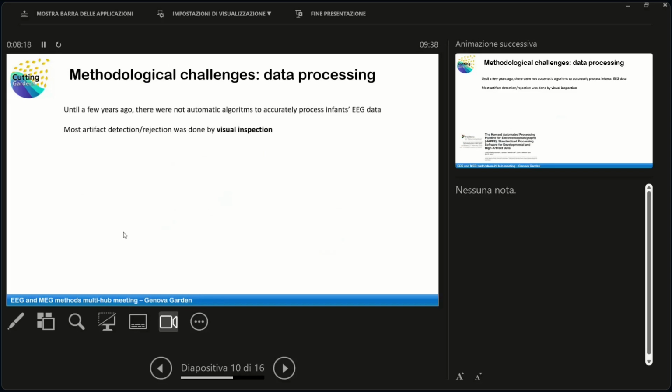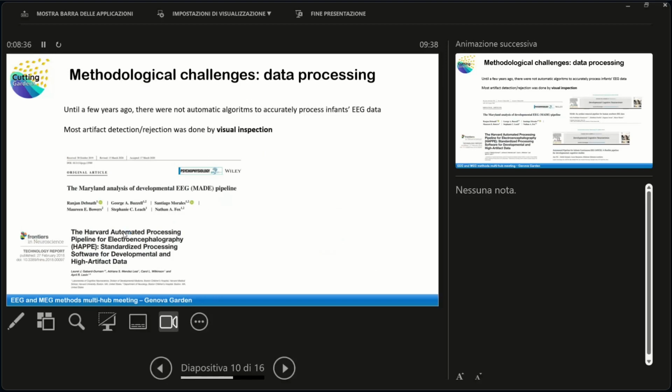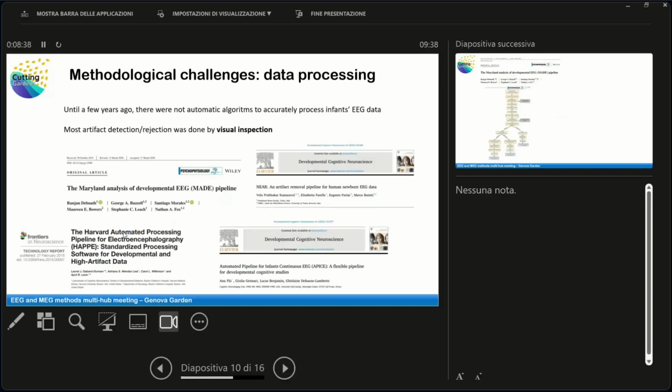What does it mean? That all the EEG was inspected visually by a trained researcher, making a decision about which trial was good or bad. Then, in the last 5 years, I would say we suddenly had a lot of new pipelines of processes that were made specifically for infant and even newborn EEG data.